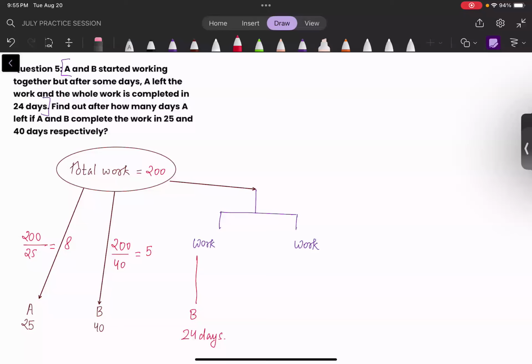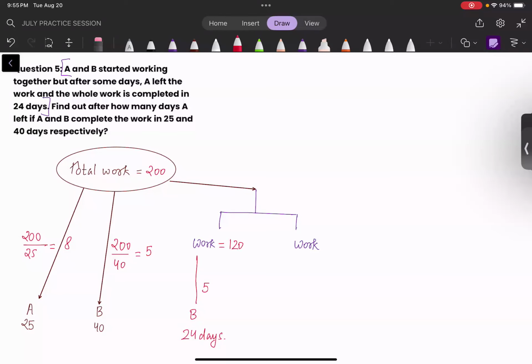So B will complete how much work? I will write. So B's work rate is how much? 5. In 24 days, how much work will he complete? 24 into 5, 120. So 120 he will complete. Okay, now moving on further.